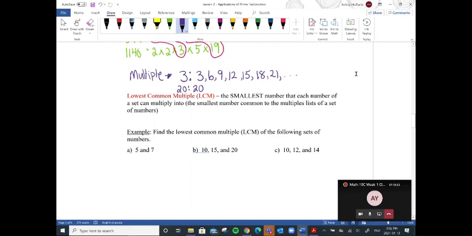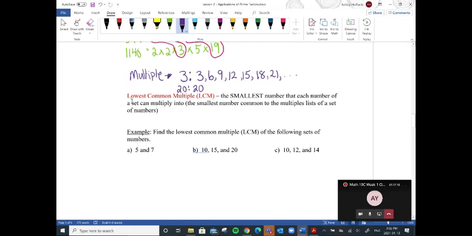Because there's no end to numbers, we use the word infinity as a representation of the end of a number, but infinity is not actually a number. It's a placeholder, we call it. It's just a term we use to say this doesn't actually end. So multiples go on forever.